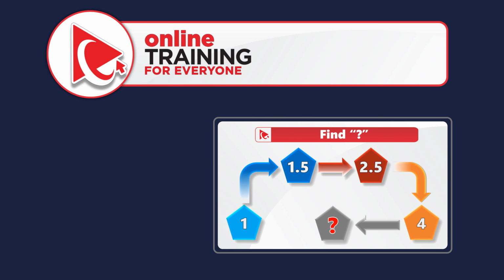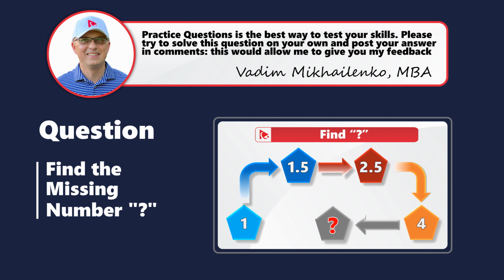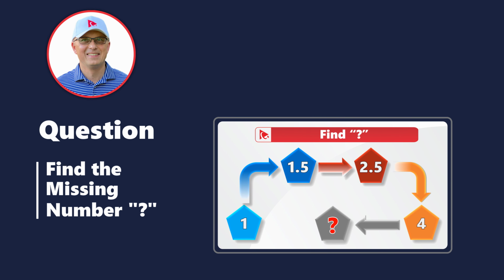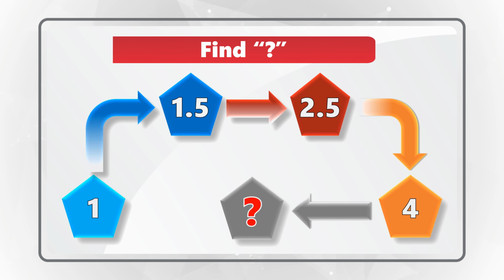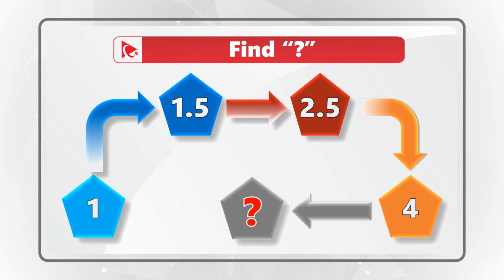And here's the practice question for you. In the practice question, I'm not going to share with you the answer. Instead, you would need to solve this question on your own and post your answer in the comment section of this video so I can give you my feedback. In this question, you're presented with an unusual shape sequence, and you need to find the missing item, which is represented by the question box.